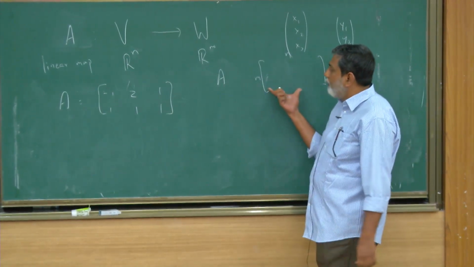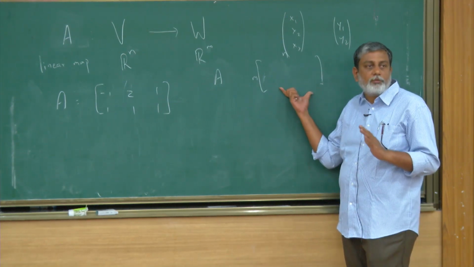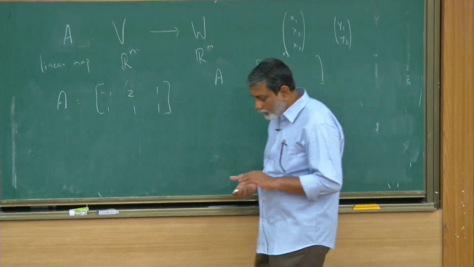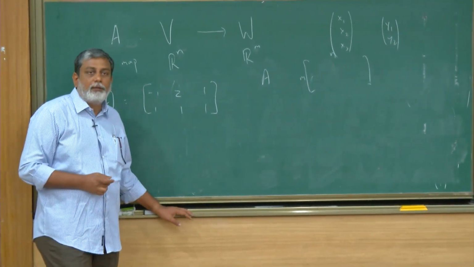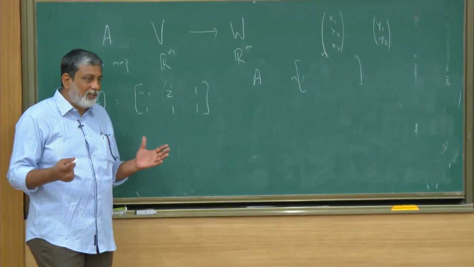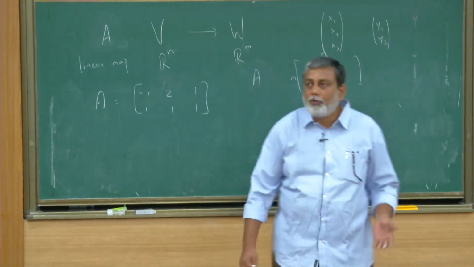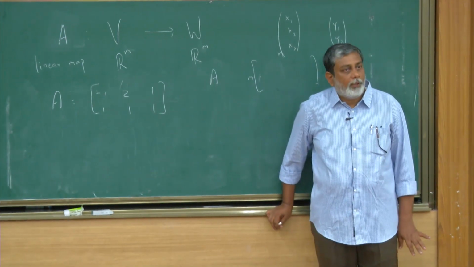Now, given any matrix like that, there are some subspaces that you can associate with that matrix. In fact, there are 4 subspaces, and essentially giving us those 4 subspaces is equivalent to giving the linear map. All right?